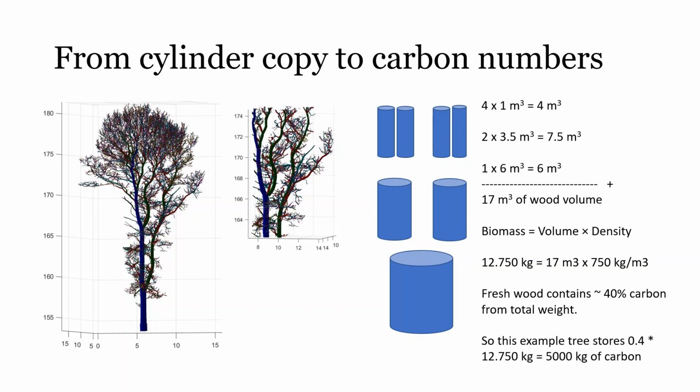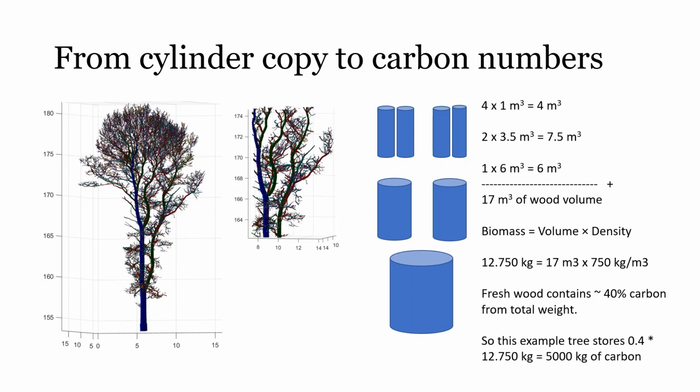Knowing that fresh wood contains about 40% carbon in the total weight, which excludes other molecules and water, of course, since fresh wood contains a lot of water, for our example tree that would boil down to about 5,000 kilograms of carbon in our imaginary tree.